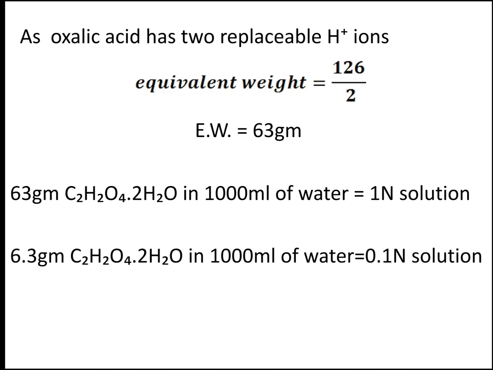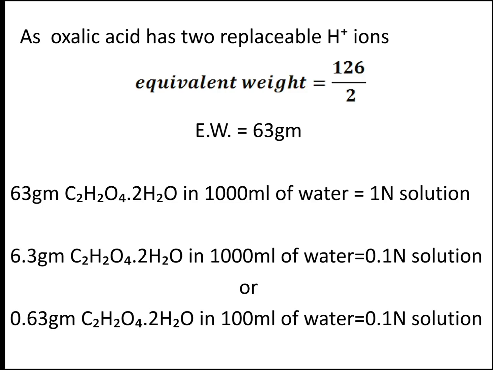Or we can prepare 0.1 normal solution just by dissolving 6.3 grams of oxalic acid in 1000 ml of water. You can also prepare a smaller amount of solution by varying the calculation, as 0.63 gram of oxalic acid when dissolved in 100 ml of water will give you a solution of 0.1 normal.